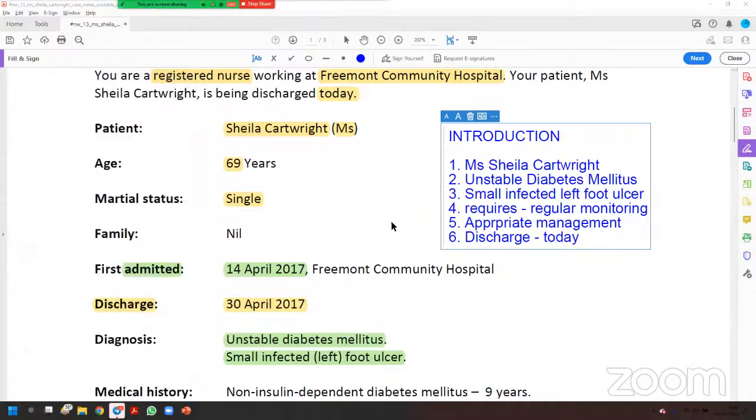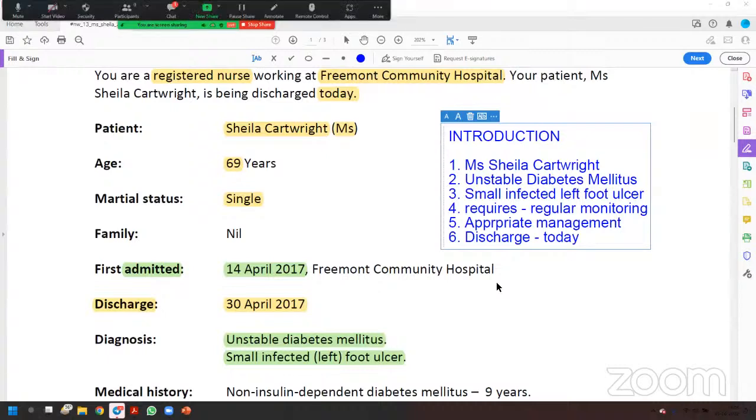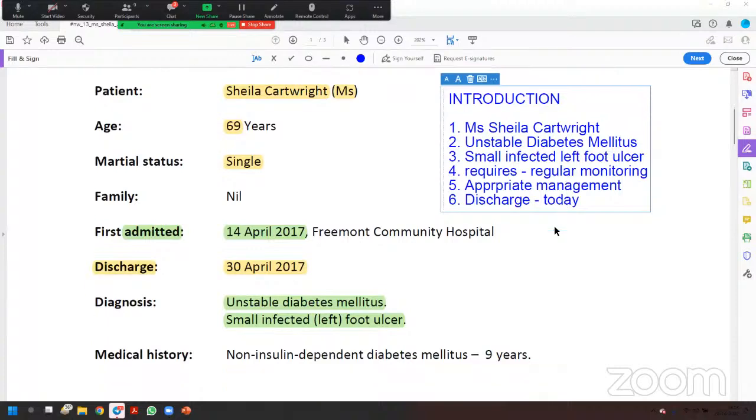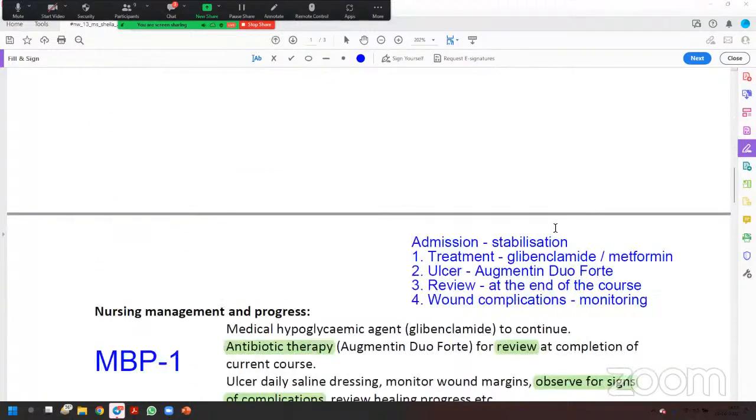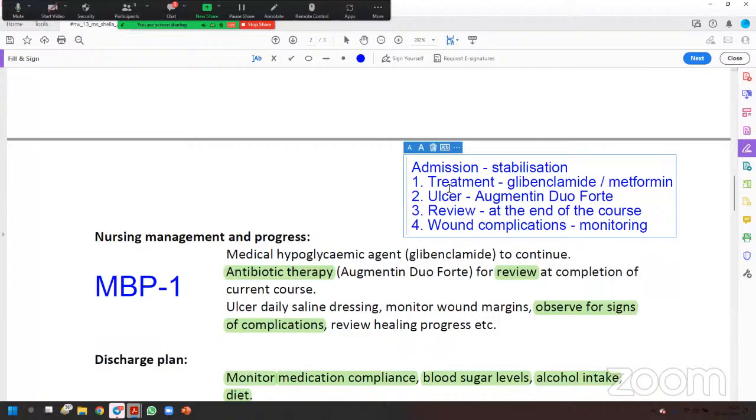So now the next point, you'll write about what? This is the first paragraph.